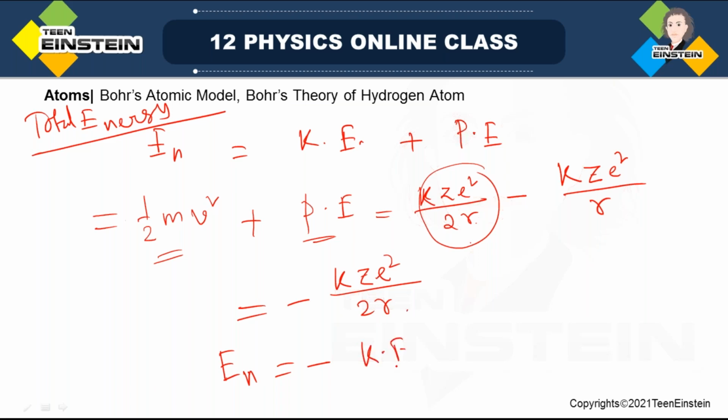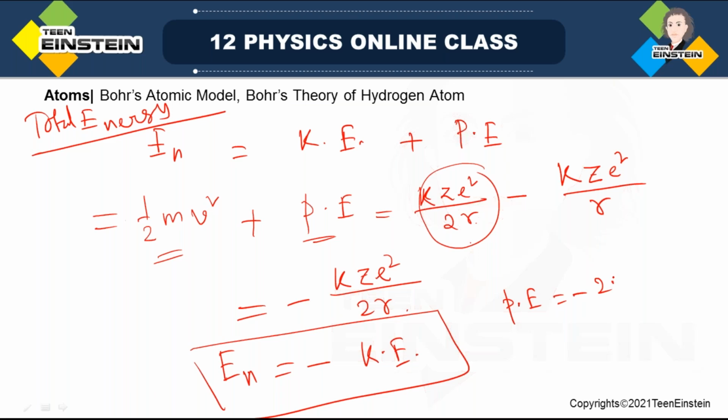In some cases, you will find questions where the total energy is given, and you are asked to find the potential energy, kinetic energy, etc. So there is a relationship. Potential energy is equal to minus 2 times the kinetic energy, and the total energy of an electron in a particular orbit is minus of the kinetic energy.